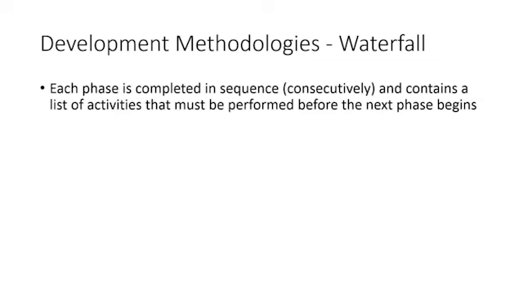Now, some of those methodologies we need to refresh our memories on. We have the waterfall methodology. That means each phase is going to be completed in sequence, one after the other, or consecutively, and contains a list of activities that must be performed before the next one starts. So it's not like we can start at the beginning and then we know where we need to end up, so we finish that, and then we try to figure out how to piece it together.